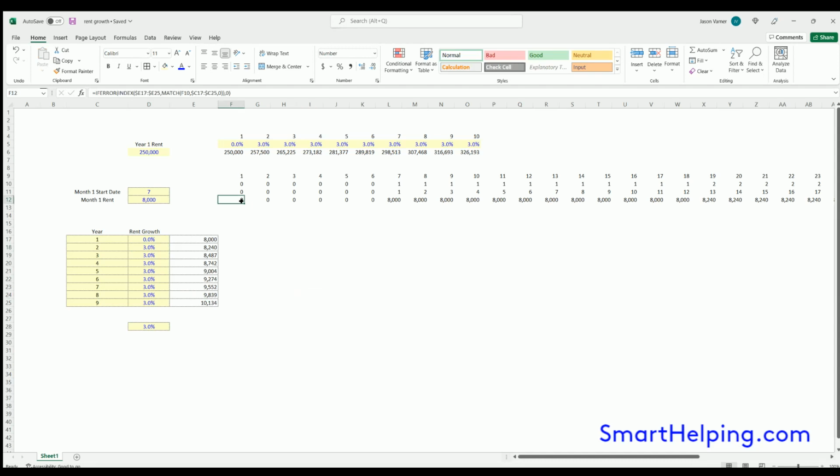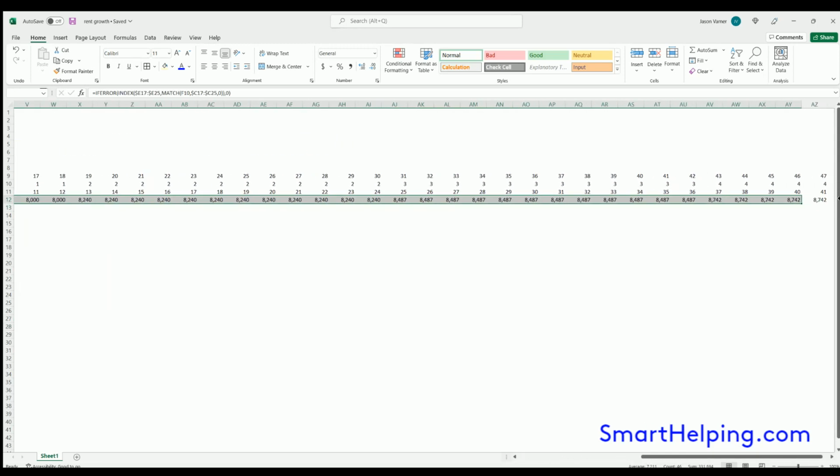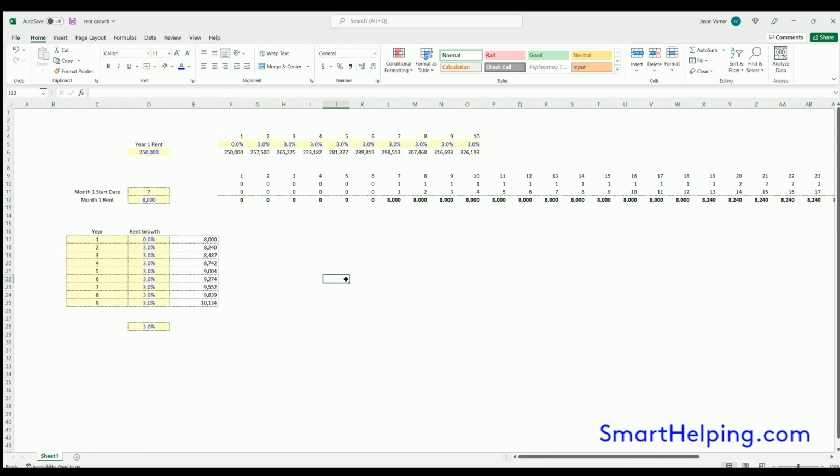I'm trying to think if I want to do this one next or not. Let's think here. So I have this. Can we do it? Well, and this is a rent. I'll just highlight all the rent calculations so you have it. So there's the rent there. This one would be annual rent.